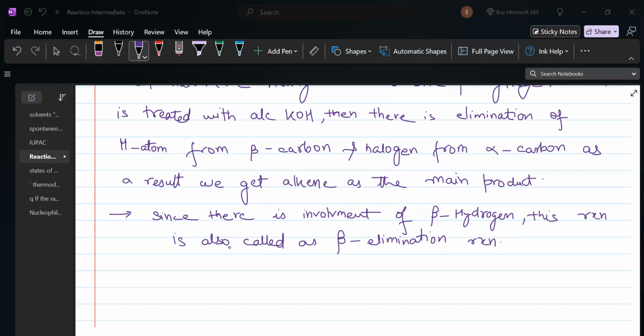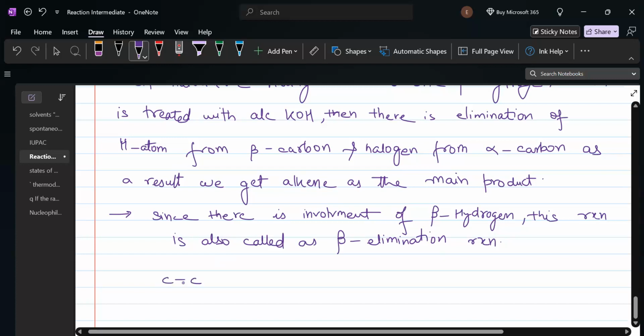So let's introduce. In this, we have one hydrogen present and a halogen is present, and the rest of the carbon has 4 bonds. So this carbon, which has the halogen, will be known as alpha carbon.